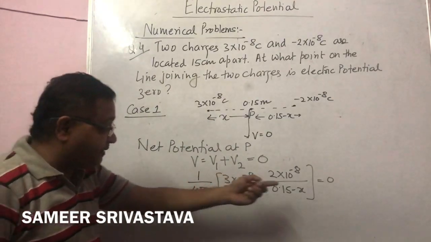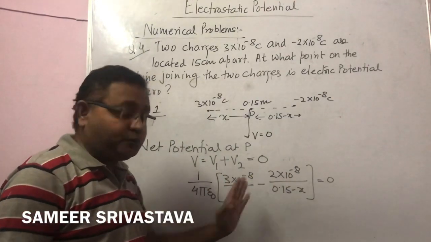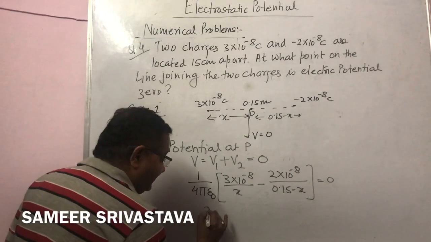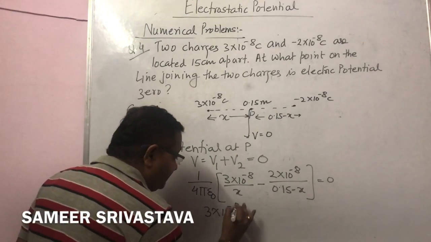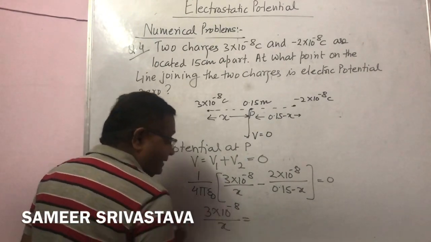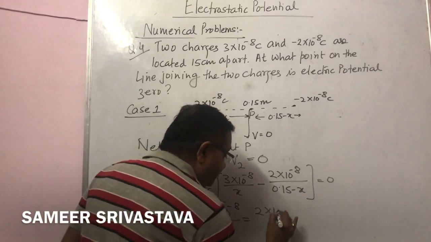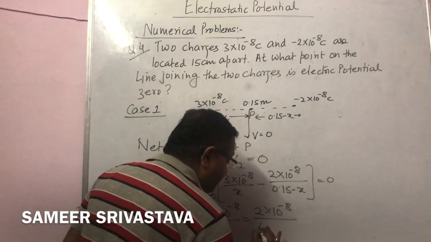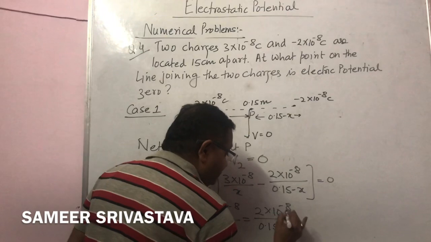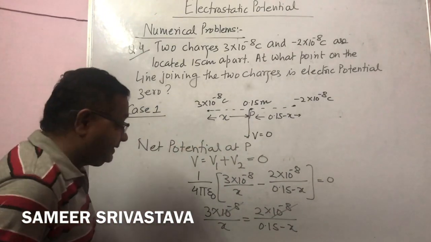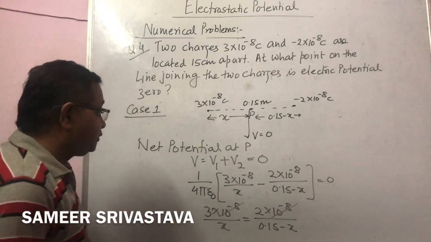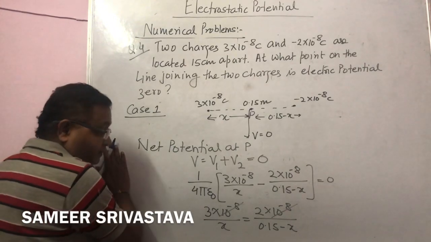Now this much value becomes 0, so we equate these two values. Finally we can write 3 into 10 to the power minus 8 upon x is equal to 2 into 10 to the power minus 8 upon 0.15 minus x. 10 to the power minus 8 is cancelled out. Now we have to cross multiply this.